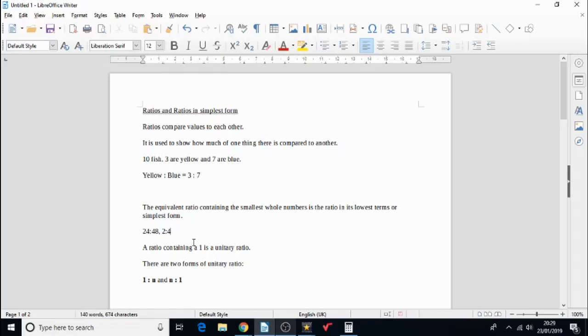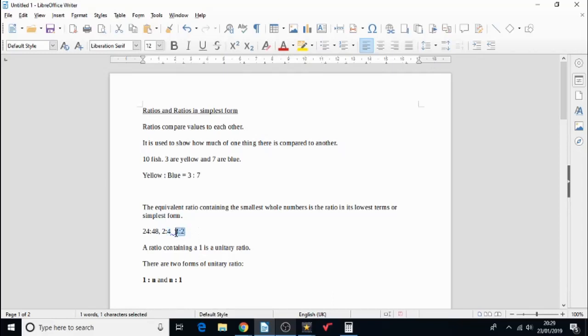But the equivalent ratio containing the smallest whole numbers is the ratio in its lowest term or simplest form. 2 to 4 is not actually the smallest whole numbers. 1 to 2 is the ratio containing the smallest whole numbers, and it is the simplest form of 24 to 48, because 1 is smaller than 2 and 2 is smaller than 4.